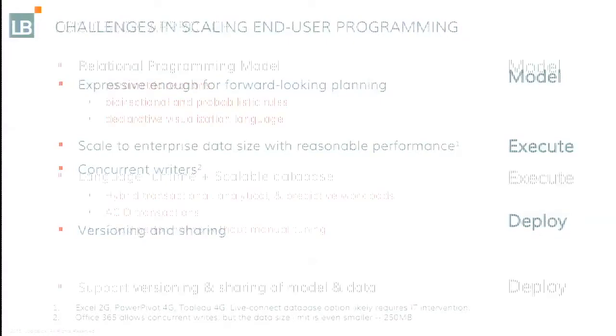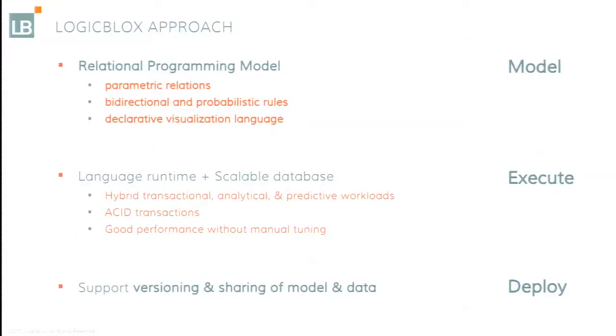In terms of supporting a more sophisticated programming model, we provide a relational programming model that uses parametric relations with bidirectional and probabilistic rules, and both of these are very important properties when you want to plan for the future. And a declarative visualization language for users to lay out their UI, okay?